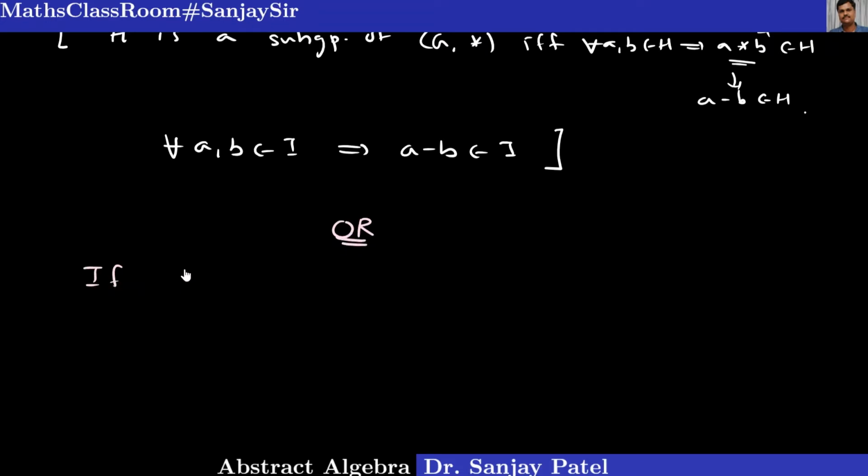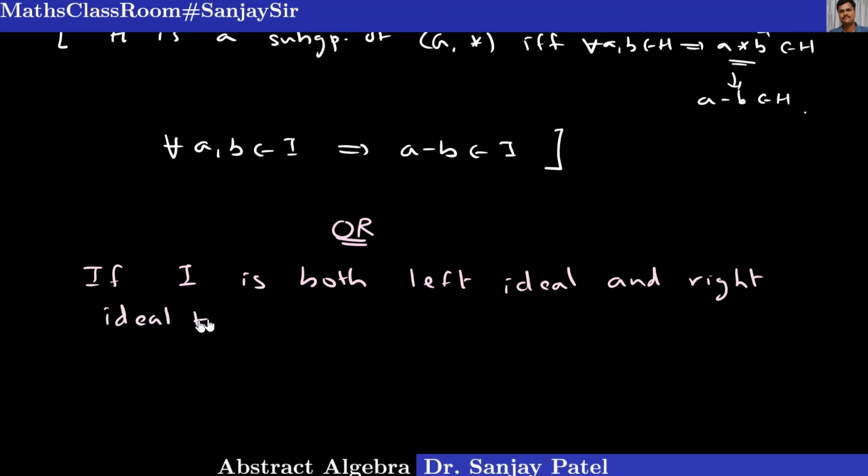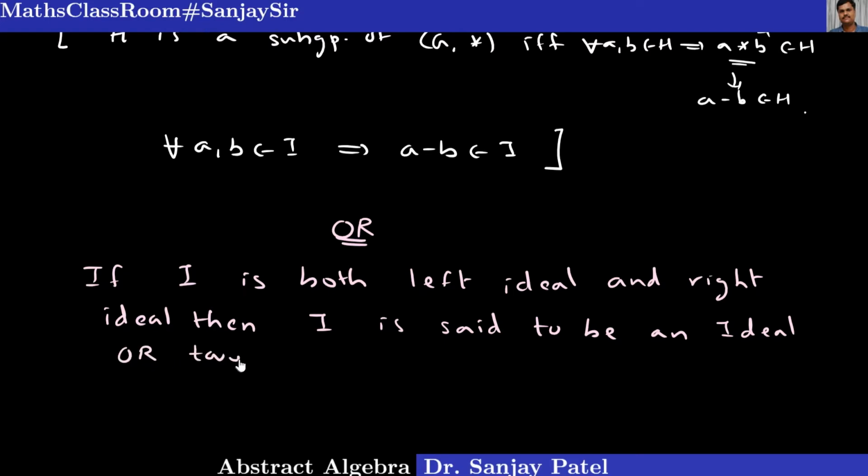If I is both a left ideal and a right ideal, then I is said to be an ideal or two-sided ideal of the ring R. So this is another way of defining an ideal.